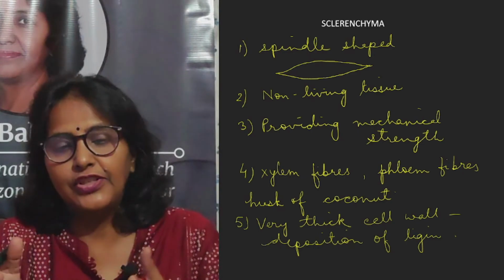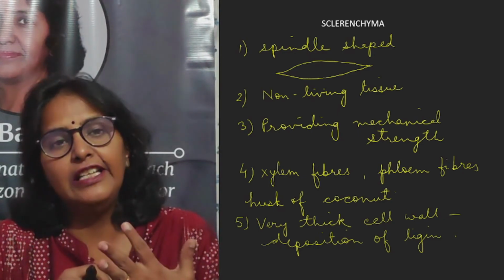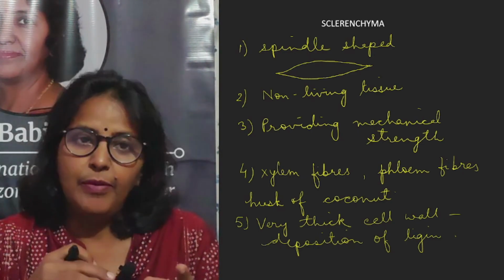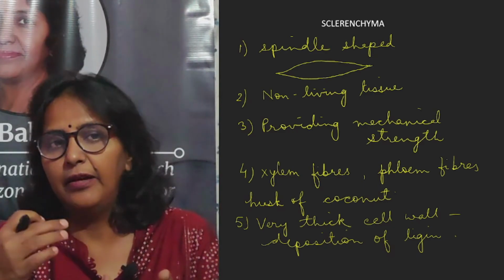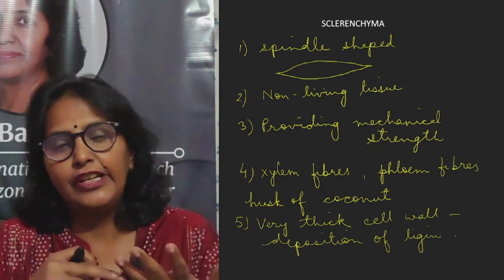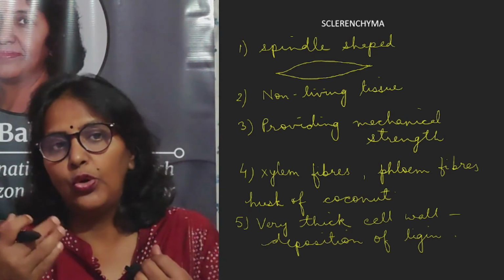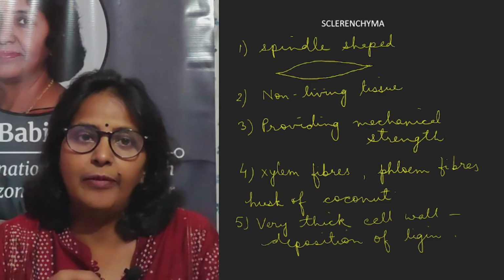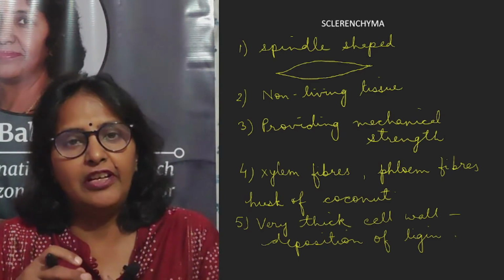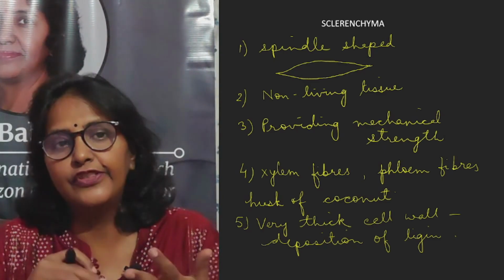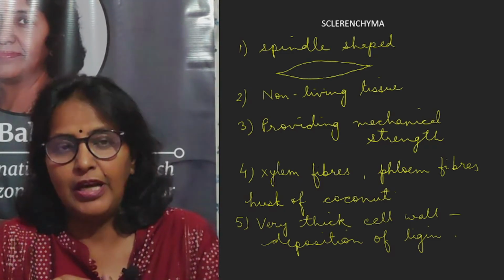If we look at functions, parenchyma generally stores something. It may be food, it may be air, it may be chloroplast. If it is storing air, it is known as aerenchyma. If it is storing chloroplast, it is known as chlorenchyma. Collenchyma generally provides flexibility to the leaves, fruits and the stem of a plant.